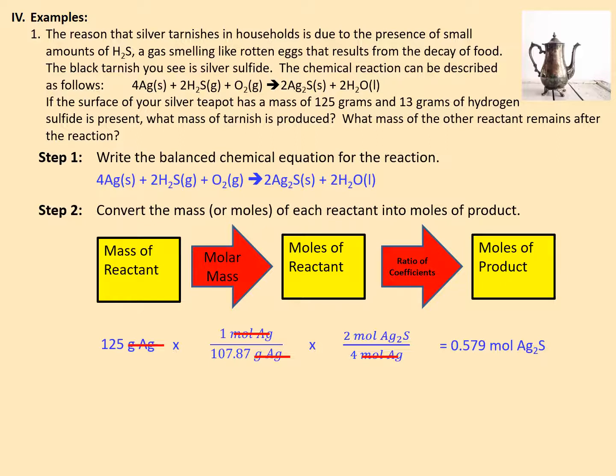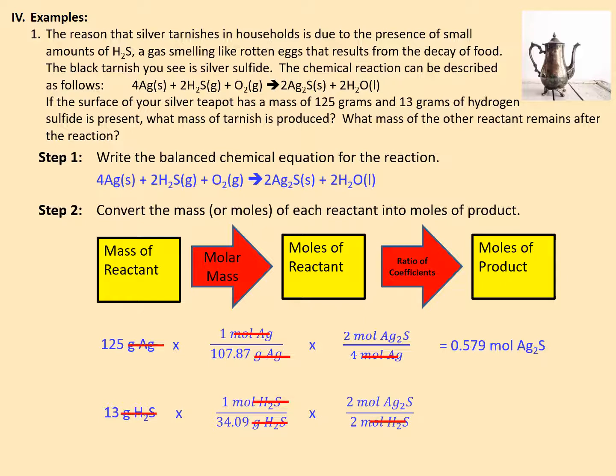Let's go through the same process with the other reactant that we're interested in, that is the hydrogen sulfide. There we're starting out with 13 grams of hydrogen sulfide. We will once again divide by the molar mass to convert from grams of hydrogen sulfide into moles of hydrogen sulfide. We will use the ratio of coefficients telling us there's 2 moles of silver sulfide produced for every 2 moles of hydrogen sulfide that reacts.